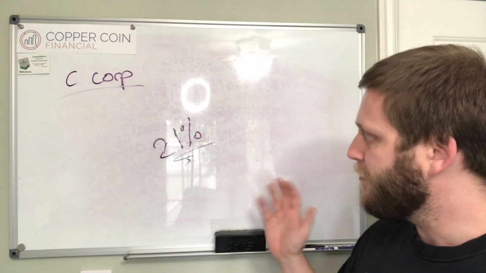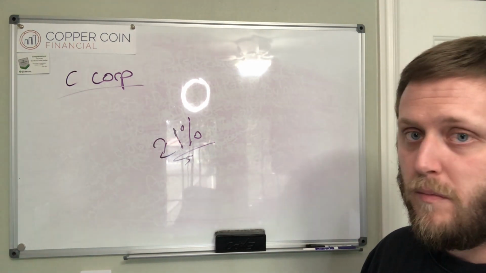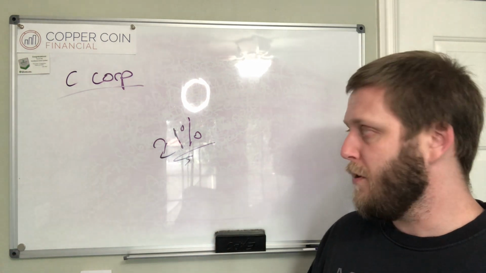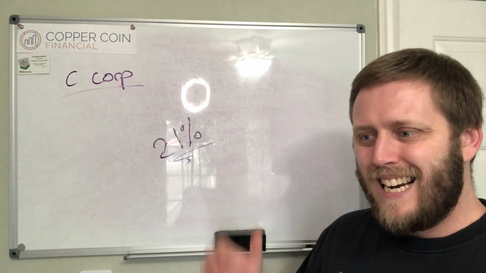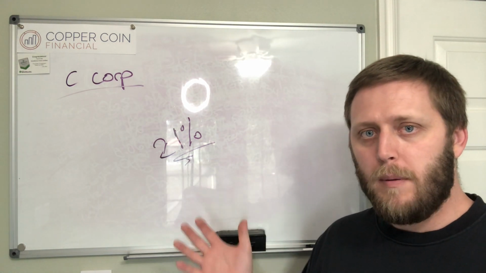Capital gains for personal range anywhere from 0 to 15% or even more, so it really depends on your personal situation. C corporations are a little more complicated, so that's why a lot of people avoid them.